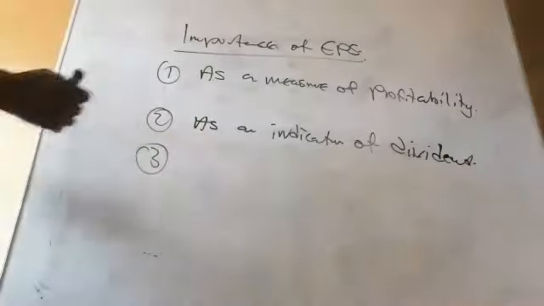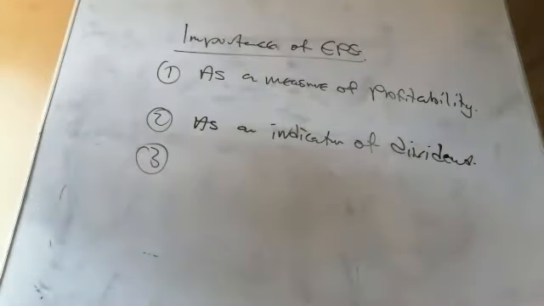You know, dividends are the part of the profit distributed to the owners. So if your earnings per share is high, it gives an indication or some type of assurance that this company is likely to pay, or has the capacity or the strength to pay, enough dividend to the investors.